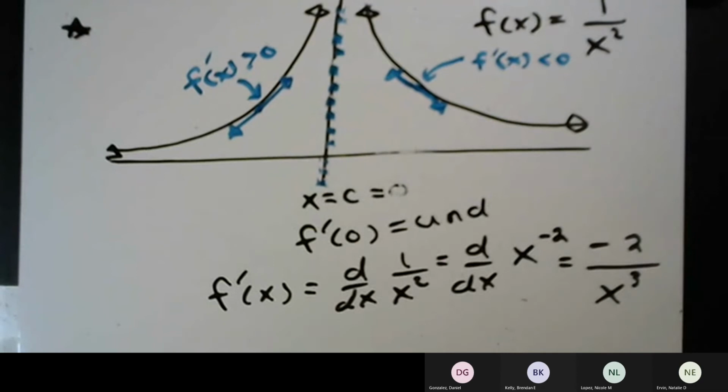And one of the key things why this isn't working is, again, we want to go back to the setup for the first derivative test.